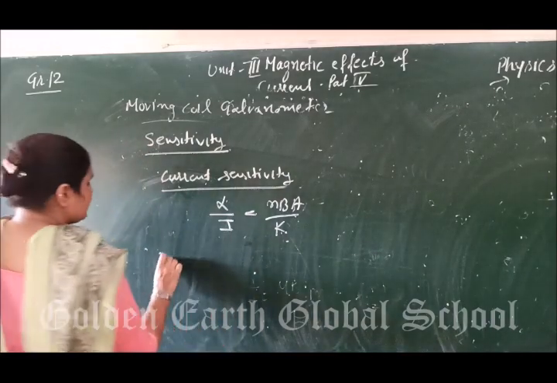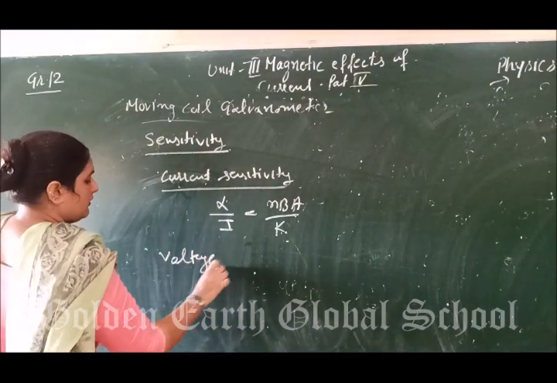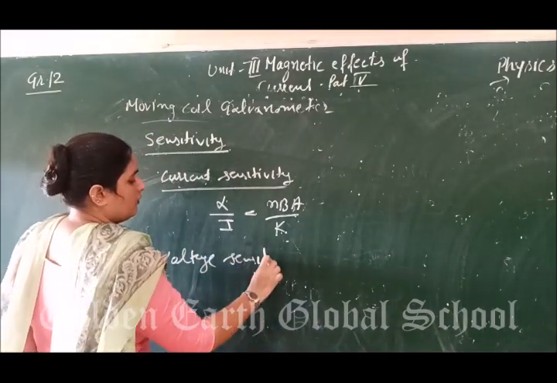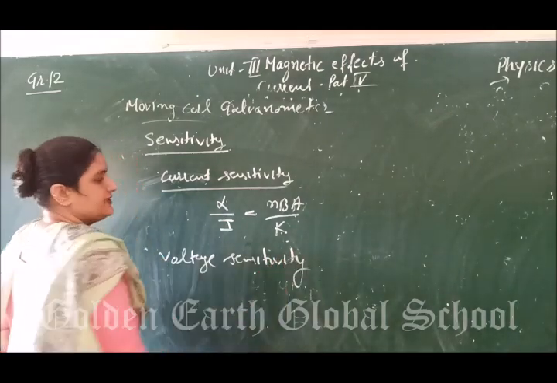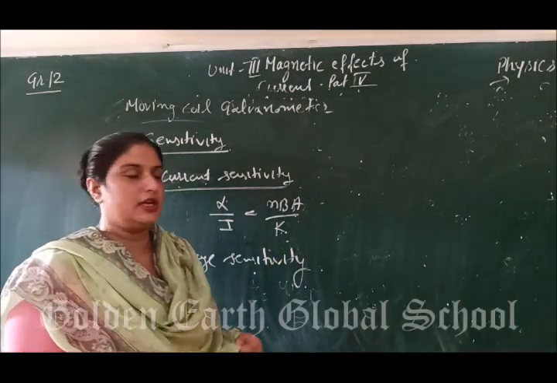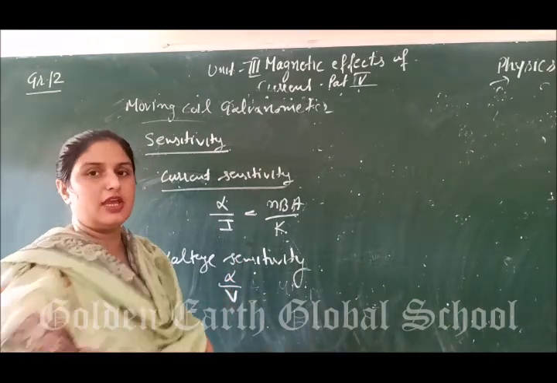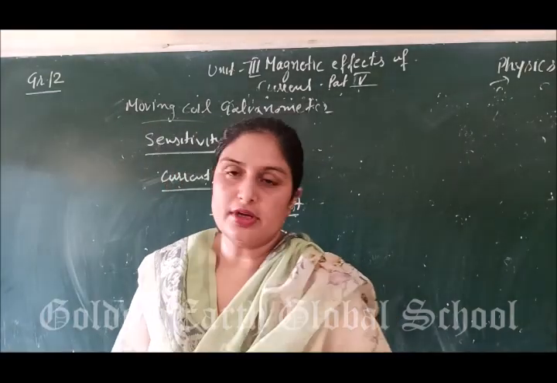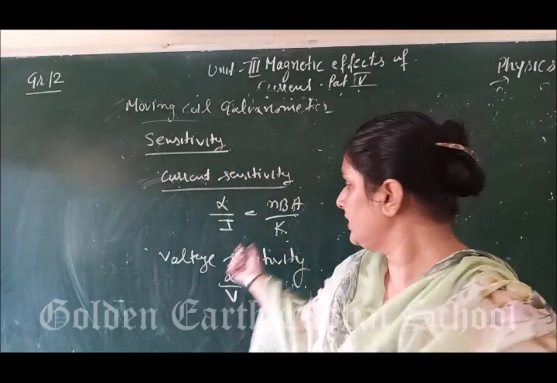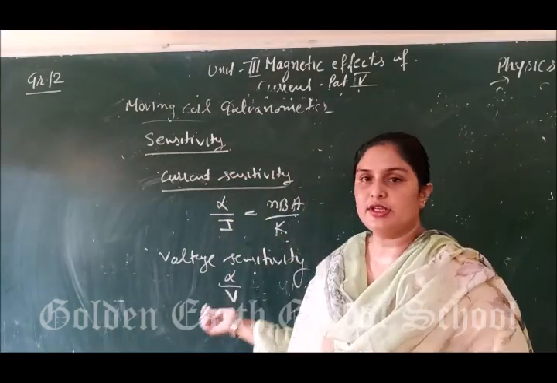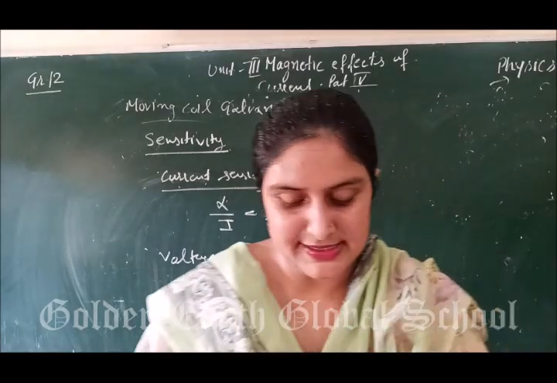Next is the voltage sensitivity. Voltage sensitivity is the deflection per unit voltage. It means we apply a unit voltage, 1 volt, to the galvanometer, and the deflection per unit voltage is called the voltage sensitivity.